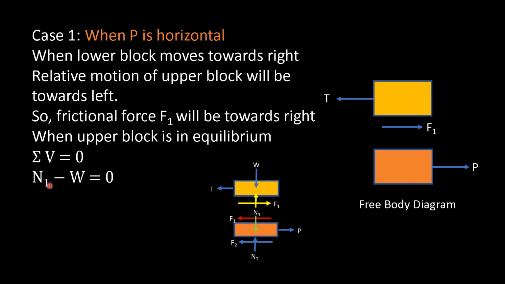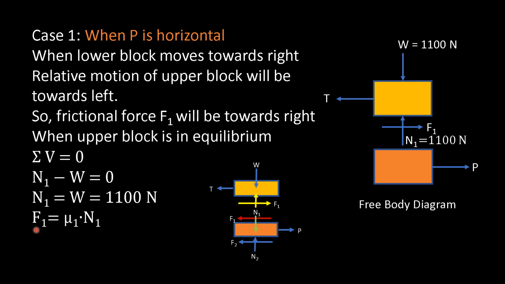That is N1 minus W equals 0, where W acts downwards, which is 1100. Therefore, W is negative here, and N1, the normal reaction, will be in upward direction, therefore it is positive. So N1 becomes W, which is 1100 Newton.